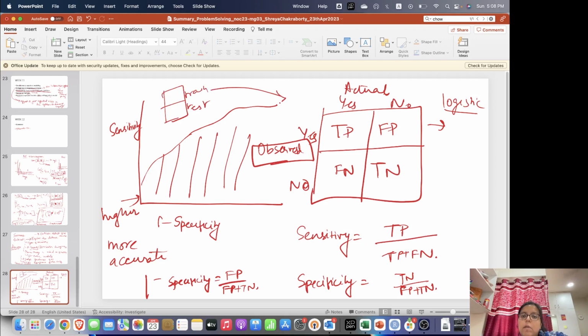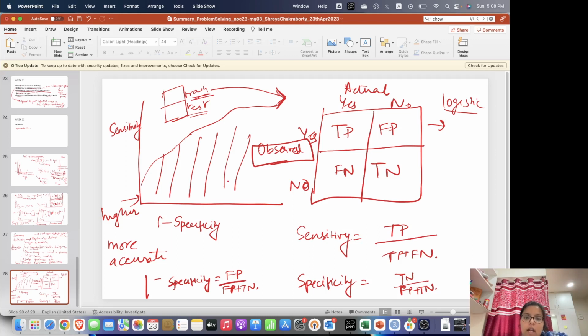We fit the model on the train part, obtain the predicted equation, get the predicted classification for the test part, and we also have the actual observed value for the test part. We plot the true positive rate and false positive rate, and then we get the ROC curve.